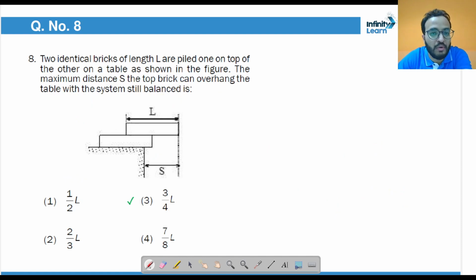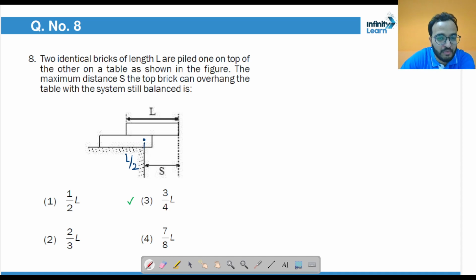Eighth question. Okay, what is this? This distance is L by 2, right? And this distance is L by 2, right? And we want the center of mass to be here, so that it doesn't fall, the center of mass should be here in this line.